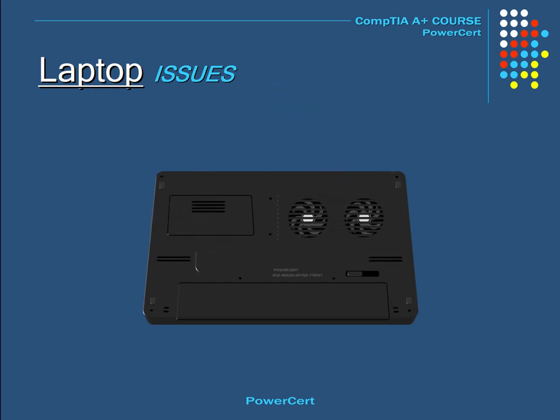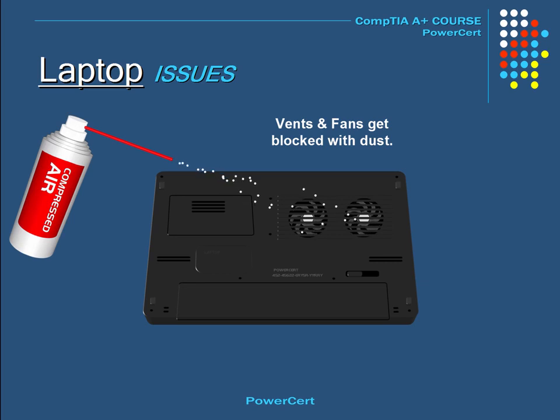Air passes through these vents and fans to help cool the laptop. But if these vents are blocked, for example with dust, or if the fans are dusty, it will hinder the laptop's cooling ability. So the best way to fix this is to get a can of compressed air and blow out the vents and fans and free them from any dust or debris.